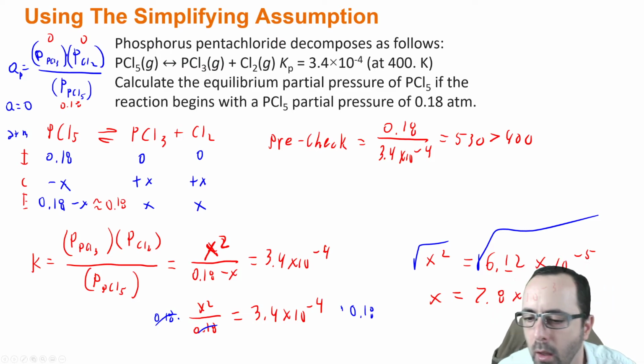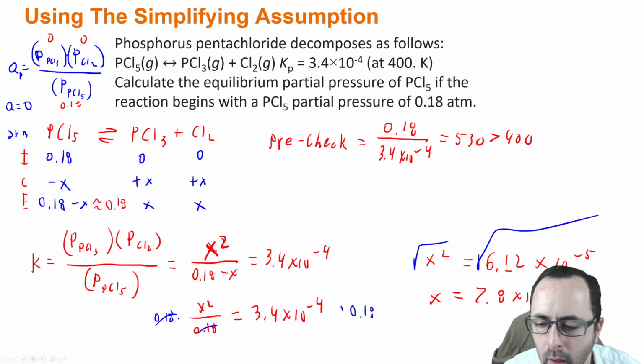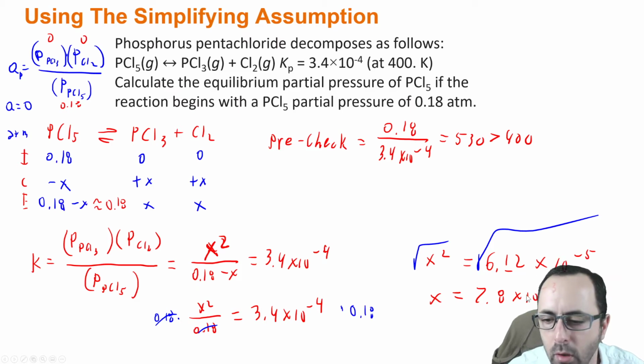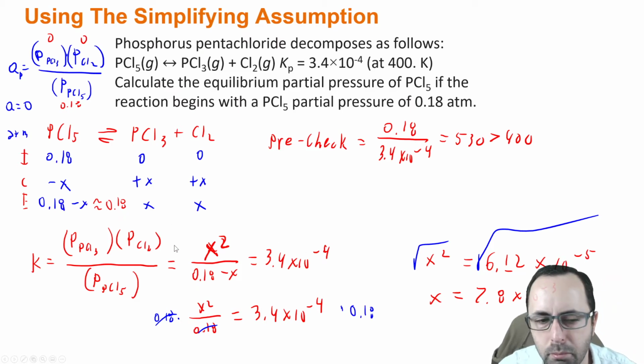And this is our x. If you notice, this is pretty significantly less than 0.18.